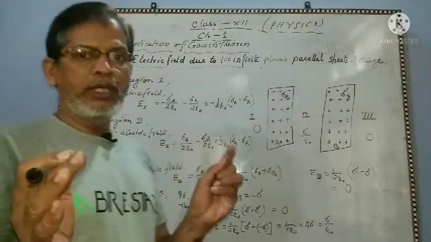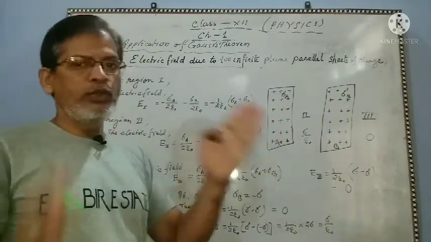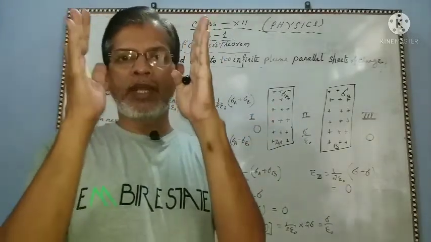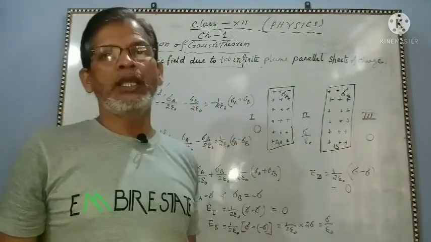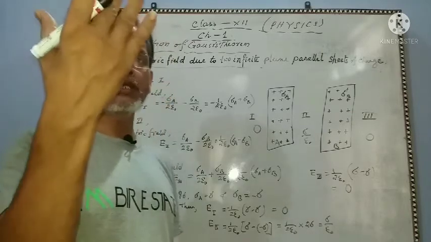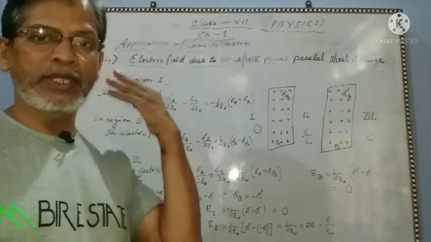We have used the application of the single sheet, and two sheets we have taken parallel to each other. So we are getting 3 regions, and we have taken positive direction as right side and negative direction as left side.